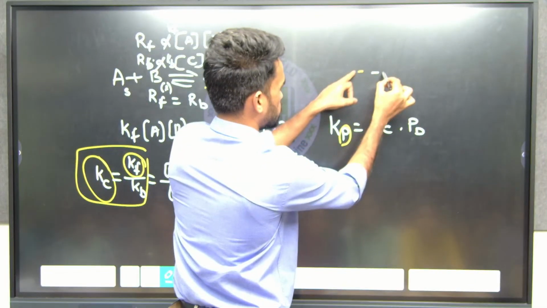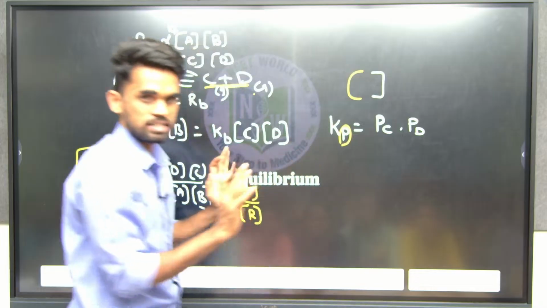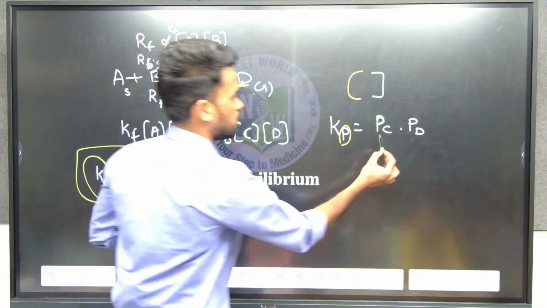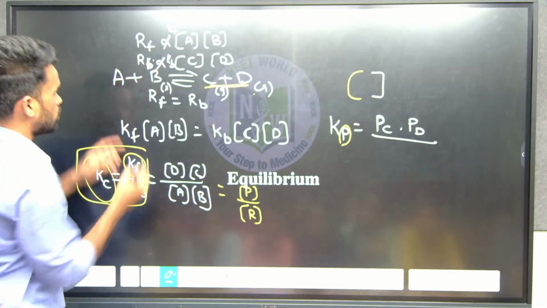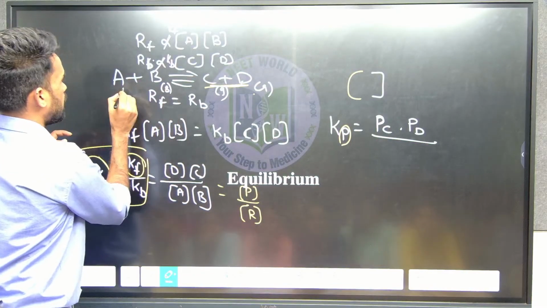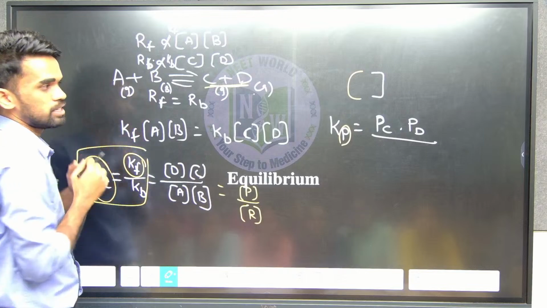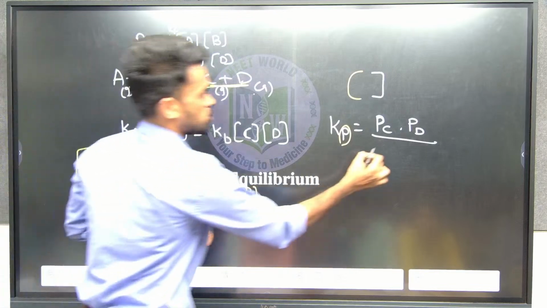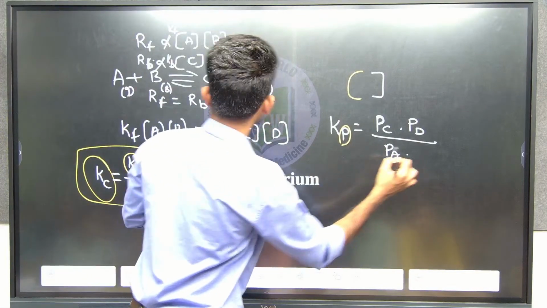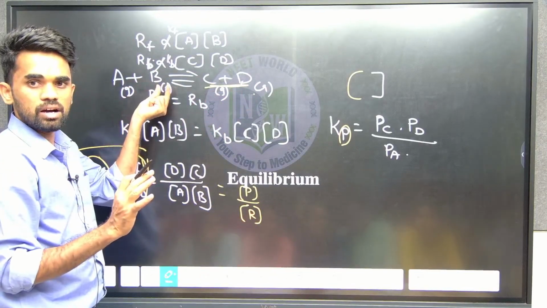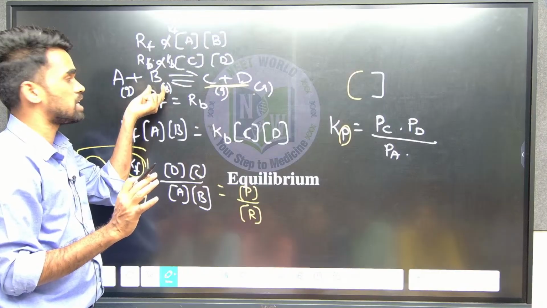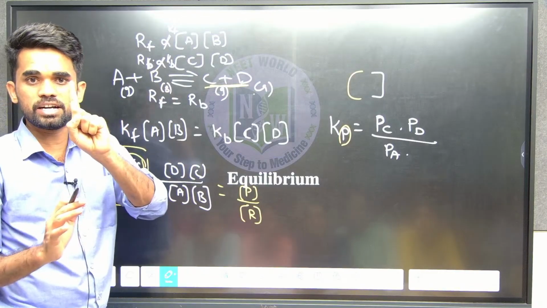So you should take the partial pressure of C multiplied by the partial pressure of D. Instead of putting a bracket, I am putting a P. In the denominator, let us say B is solid and A is gas. Now what should I write? Partial pressure of A, and for the solid, don't write. The activity or concentration or partial pressure of a solid substance is considered to be 1.